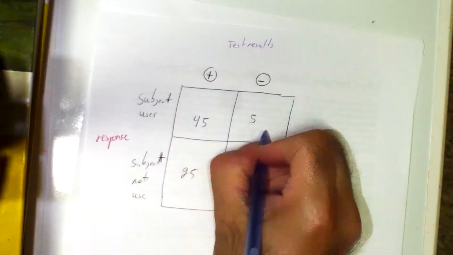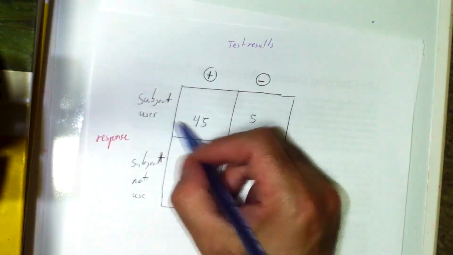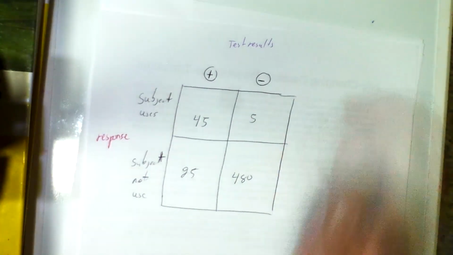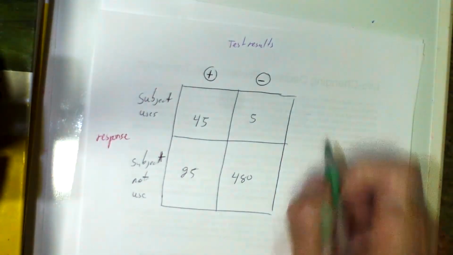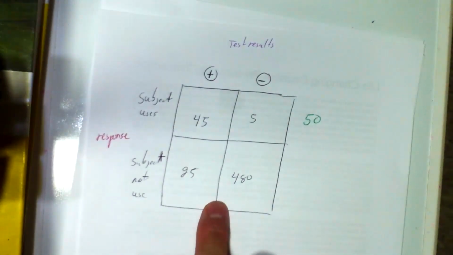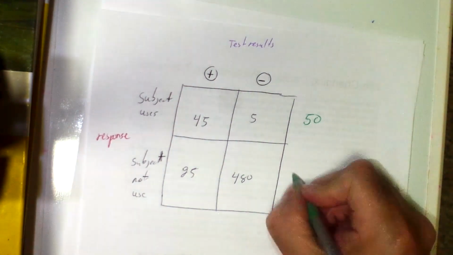So let's add the row of the subject that said that they use drugs, the response. So this is 50. All right, now I gotta add the subjects that said that they did not use drugs. All right, I'm gonna get my calculator. What is that? 25 plus 480 is 505.